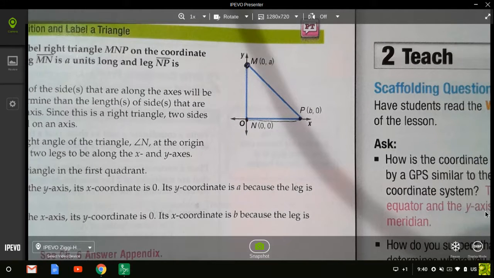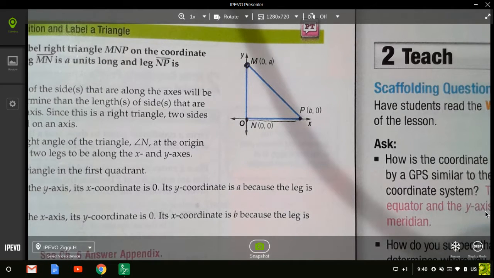Well, because the point is along the y-axis, so the unknown point would be the y value. Why isn't X any other value? Just as kind of review. Why is X 0 in this coordinate? Because it's along the axis, so it has no X. The X coordinate is just right at 0, right?